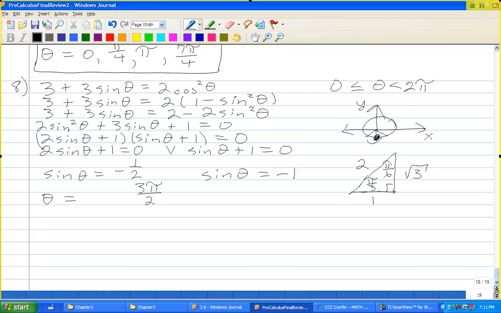In the third and fourth quadrant, sine is negative. So the reference angle is, let's see, it's -1/2. So it's at 1/2, so it's pi over 6. So pi plus pi over 6 is 7 pi over 6.